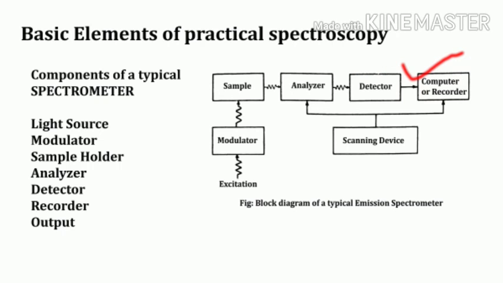Some sophisticated software is installed in the computer, and the spectra is generated using the software. Okay, so this is the basic working principle of a general spectrometer.